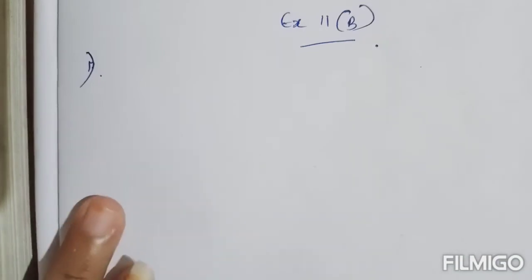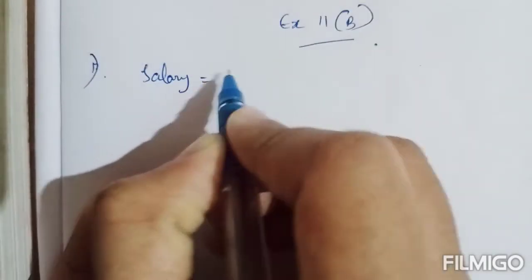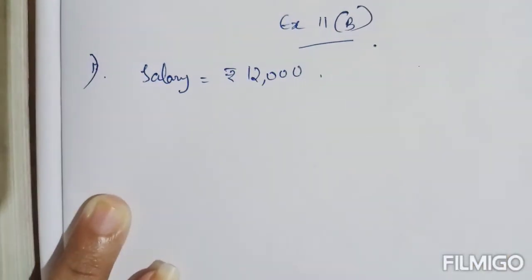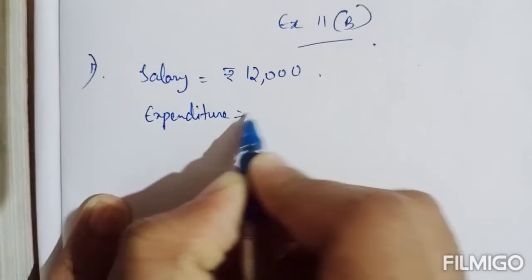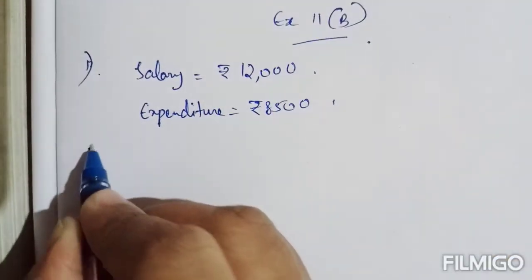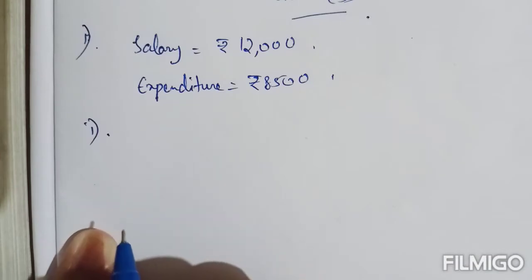So given in the question, salary of a person is rupees 12,000, and monthly expenditure is given as rupees 8,500. In the first question, you have to find the ratio of his salary to expenditure.